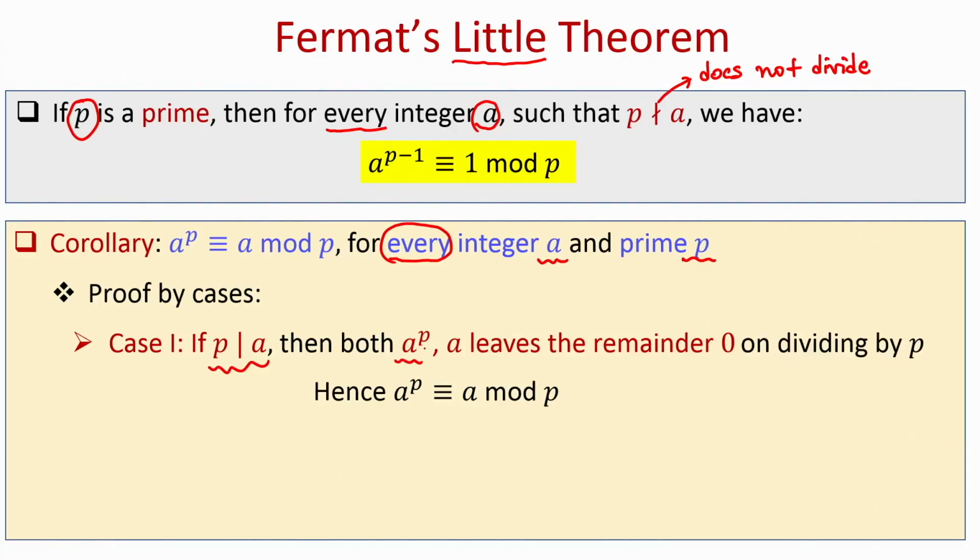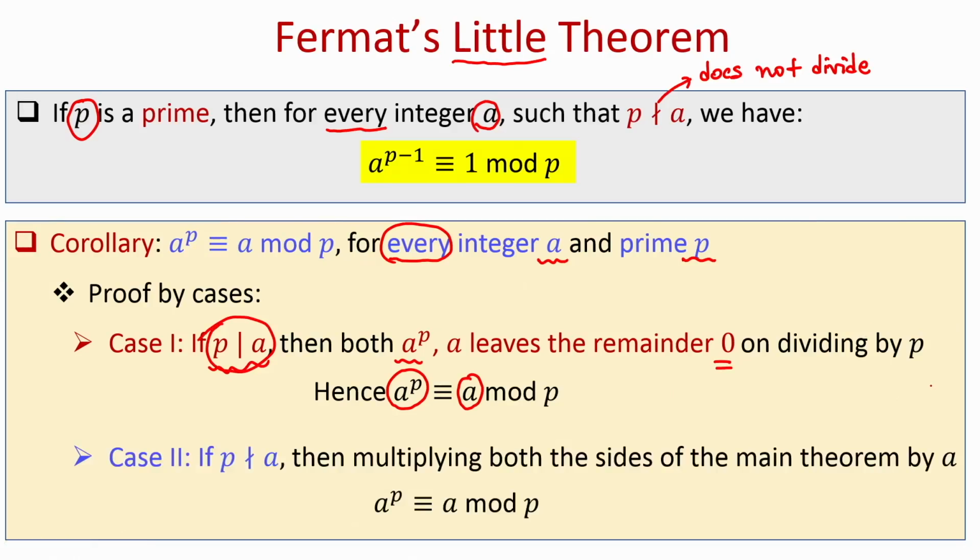Hence a to the power p is completely divisible by p, and that means a to the power p gives you the same remainder which a gives on getting divided by p, namely the remainder 0, because both a as well as a to the power p will be completely divisible by p if a is divisible by p. So, that proves that the corollary is true for case 1.